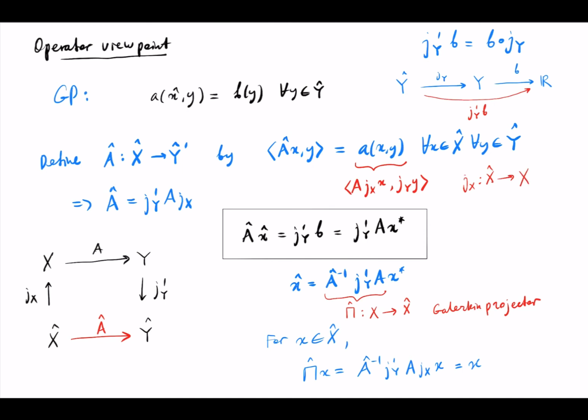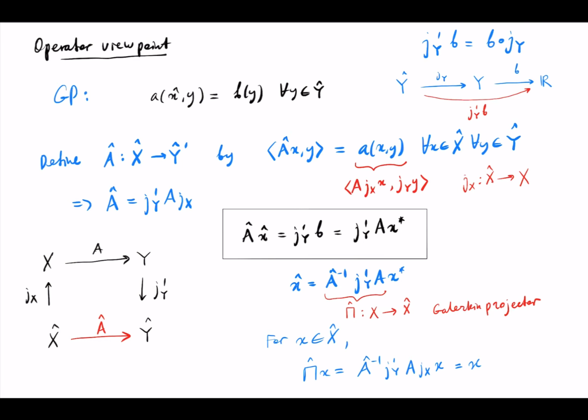So we can put those injection operators here, and then we can take the injection operator Jy over to the other side, and it will become the transpose of the injection operator. So we can write a hat in this way, with the injection operator here and the transpose of the injection into y on the other side.